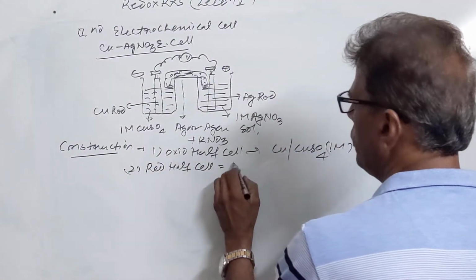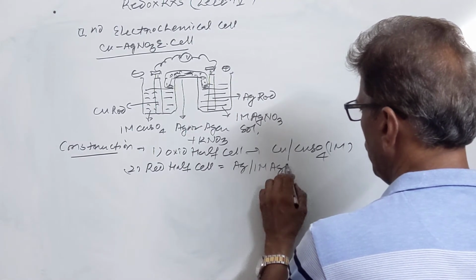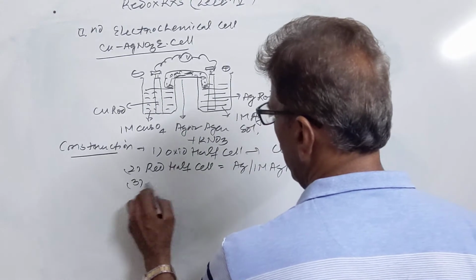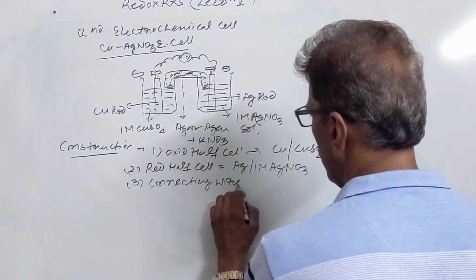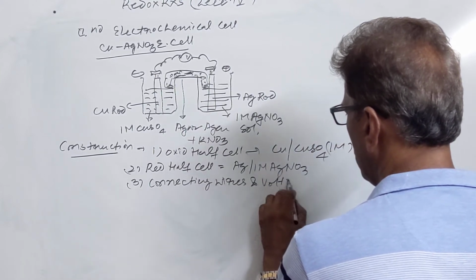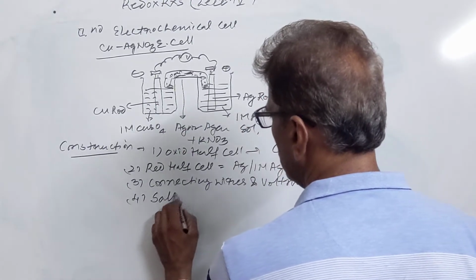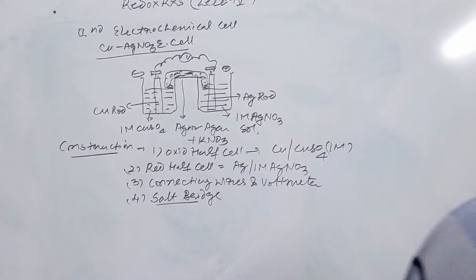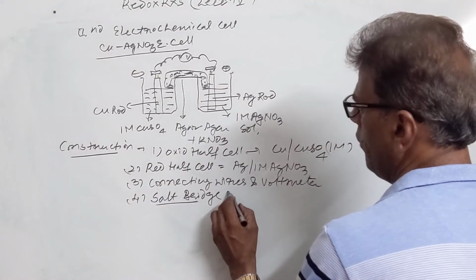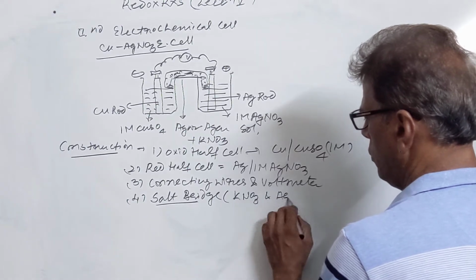It consists of silver rod dipped in 1 molar silver nitrate solution. Third, we have connecting wires and voltmeter. Fourth part, we have salt bridge, which is having a solution of CuNO3 and agar-agar.